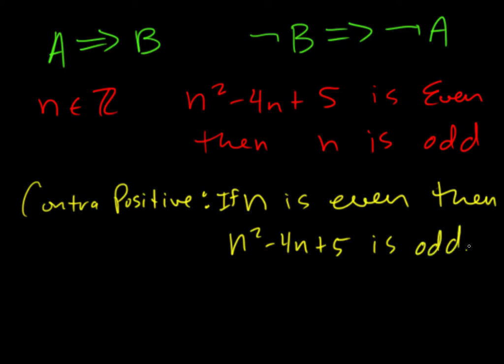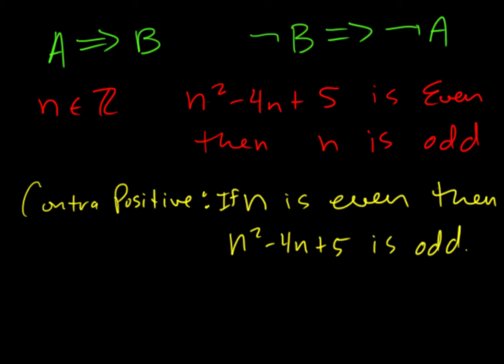So notice how we switched the order, like the A and the B, and we also switched what it's claiming about each one. So n is now even. When it was odd, the n squared minus 4n plus 5 is odd, and it used to be even, and we started with the n squared minus 4n plus 5, and then we ended with the n, and so we swapped that as well. We basically just swap everything around.